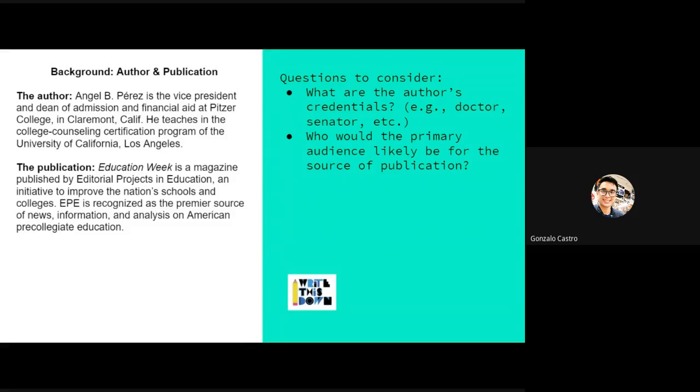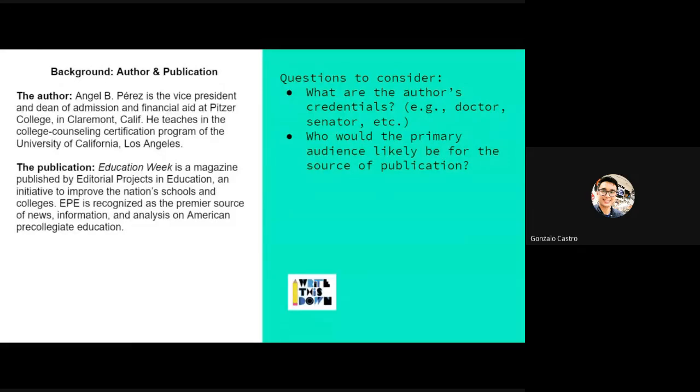So since Education Week magazine is about pre-collegiate education, and the author is the dean of admission for a college, we can predict that the likely audience would be teachers and high school counselors, since they would likely read Education Week magazine.